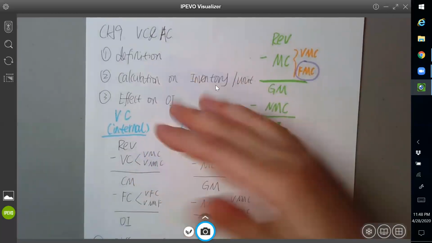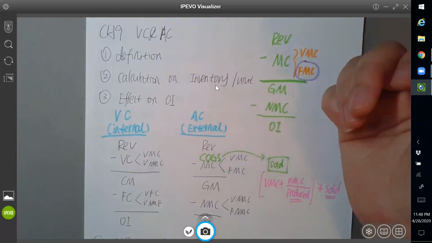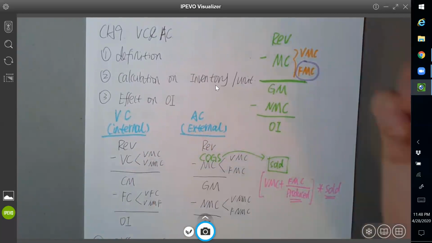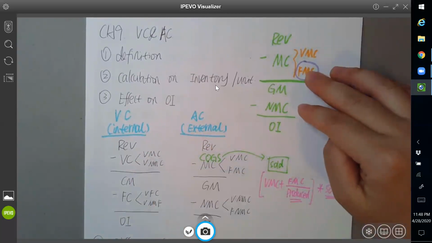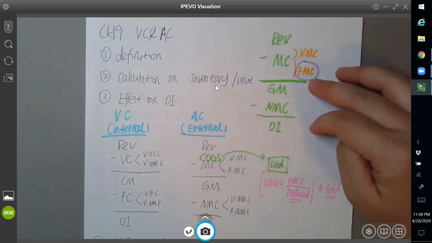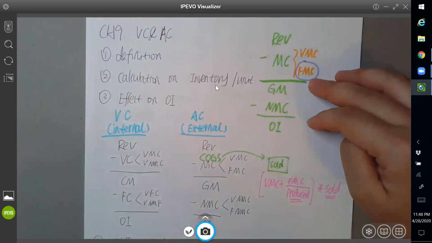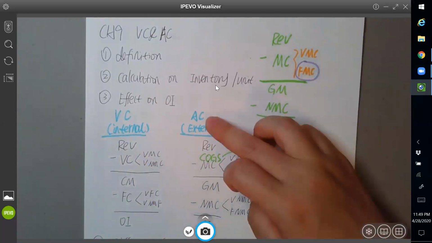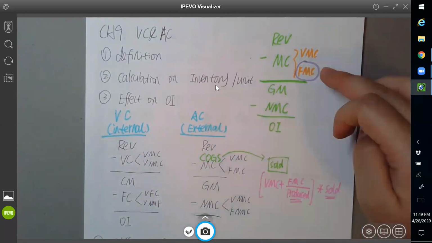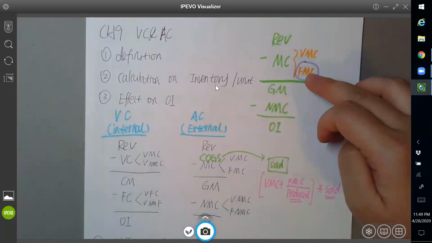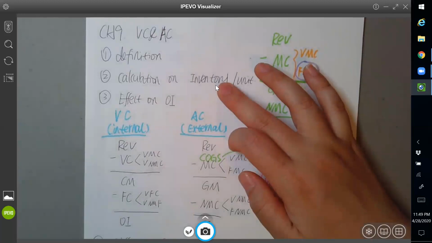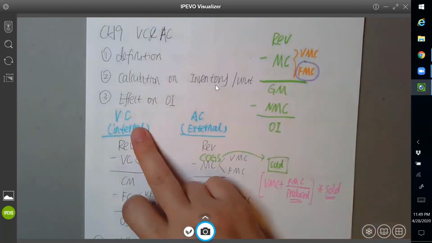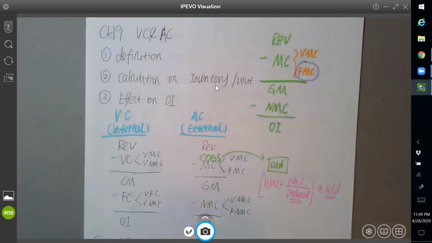Make sure you know the definition, and the main difference is how we classify our fixed manufacturing cost. Under the absorption costing method, fixed manufacturing cost will be part of your inventory. But for variable costing, fixed manufacturing cost will be a period cost and will be expensed immediately.